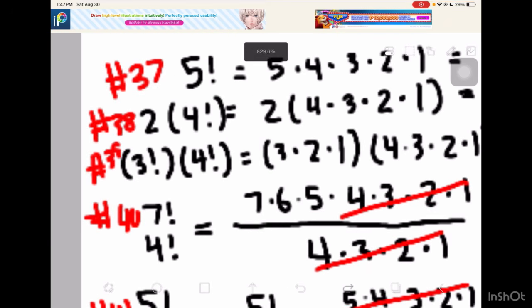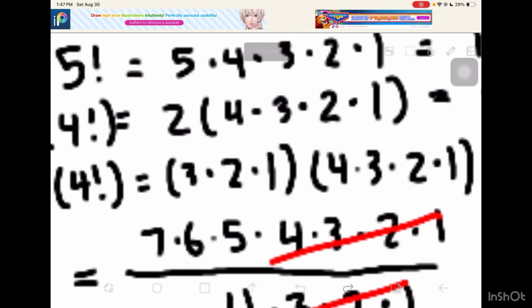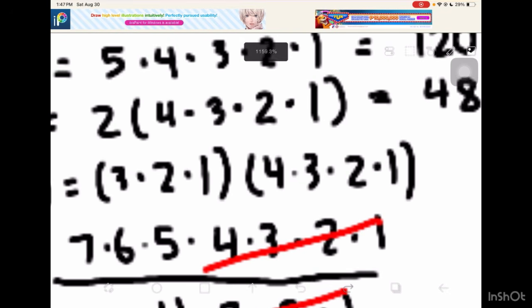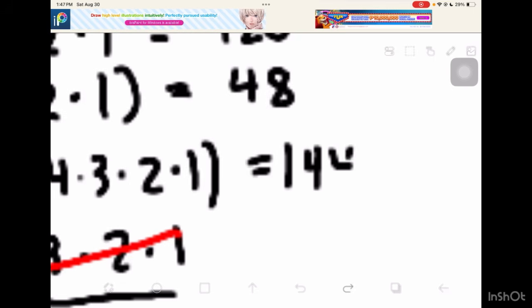Next, 3 factorial times 4 factorial. So 3 factorial is just 3 times 2 times 1. And 4 factorial is 4 times 3 times 2 times 1. So if we put this in our calculator, 3 times 2 times 1, close parentheses, then 4 times 3 times 2 times 1, close parentheses, that's equal to 144.